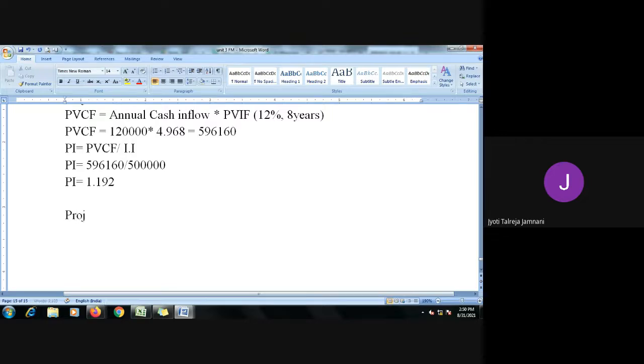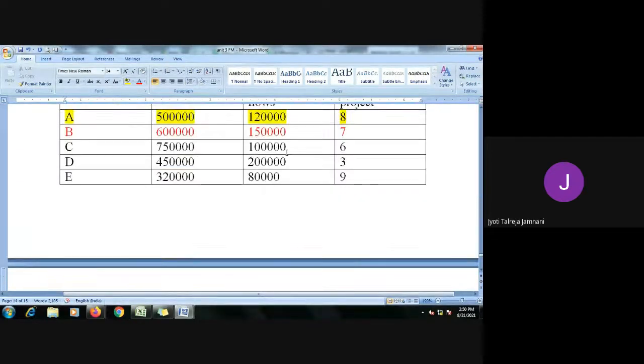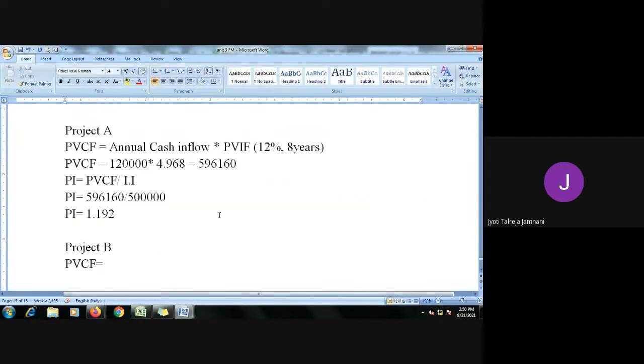Similarly, we'll do it for project B. Present value cash flows is equals to, we have to see the annual cash flow for project B, 1,50,000. So 1,50,000 into present value interest factor at 12% for 7 years. Project B is for 7 years.